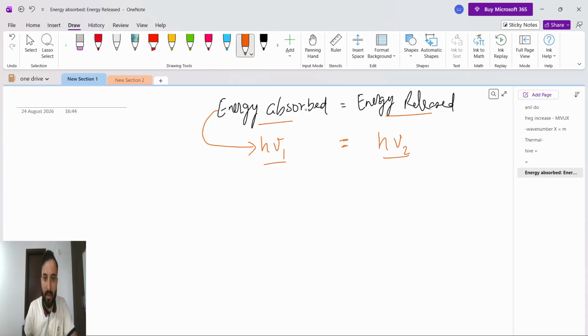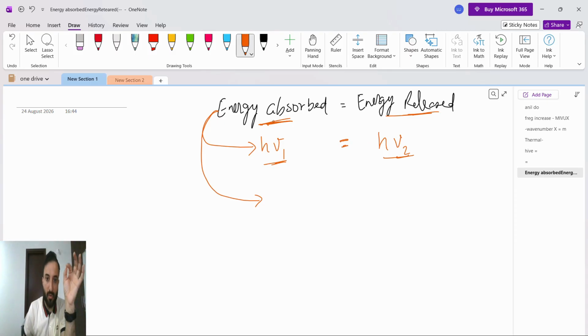Same way, if you want to see the relation for energy absorbed and energy released for frequency, what will happen? Absorbed energy frequency is equal to released energy frequency, because they both are equal, correct?